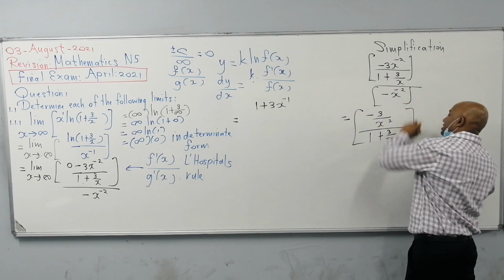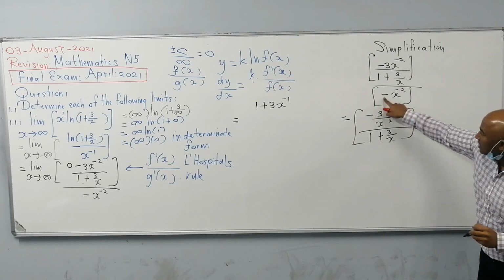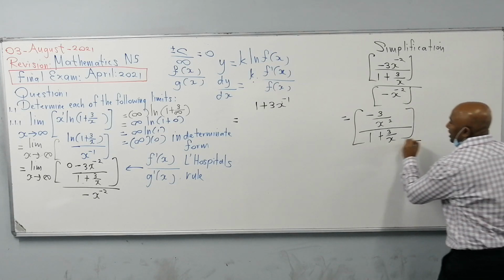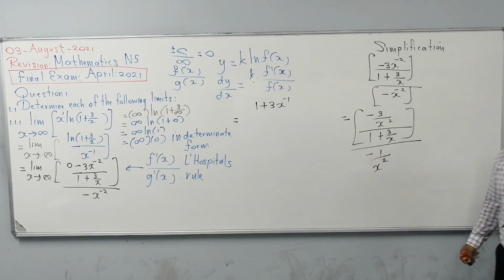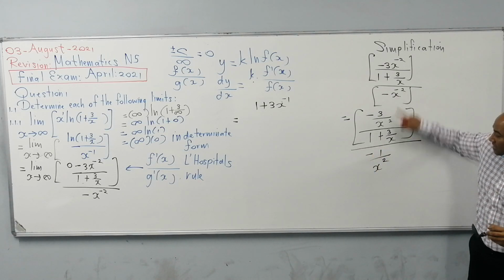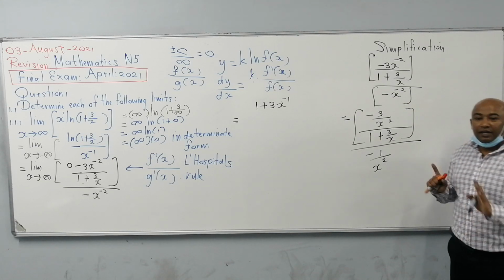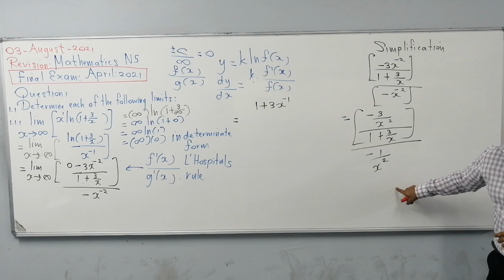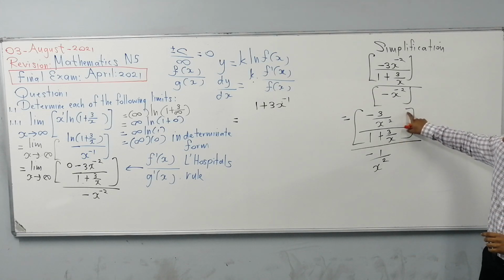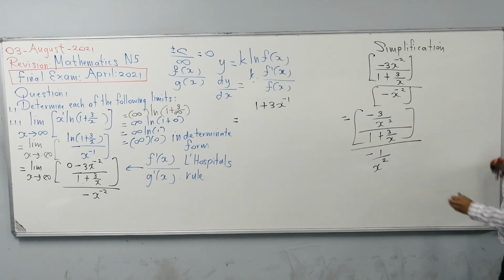So this is the top, and minus x to the power minus 2 is the same as minus 1 over x squared. So what I'm doing now, I'm just rewriting them with positive exponents. Now I have a fraction divided by a fraction here. Can you see that? It's a fraction divided by a fraction.